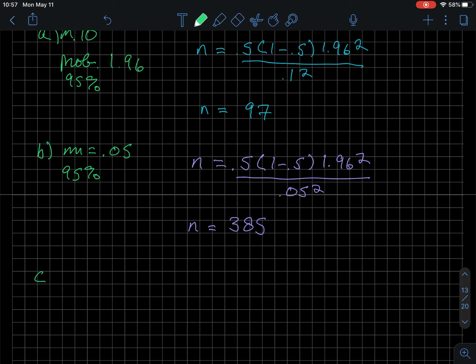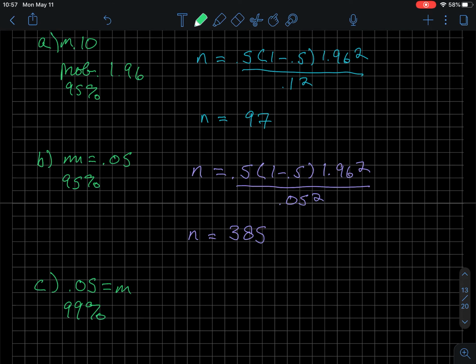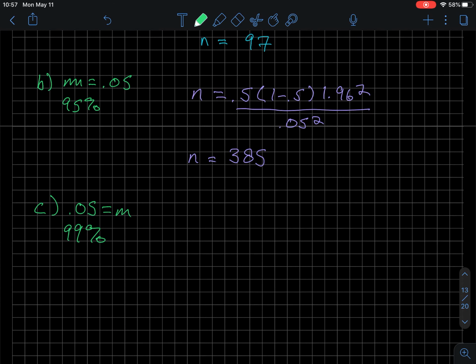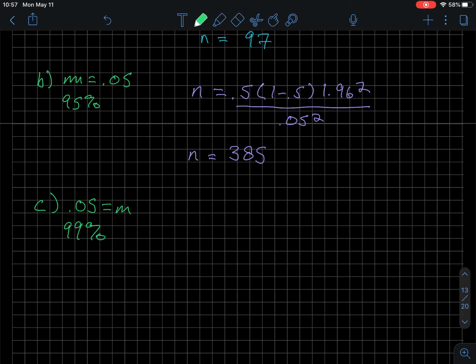So, part C. Part C asks us, we want 0.05 as the desired margin of error, but we want a 99% probability. Again, exact same formula that we've seen here, so I'm not going to write this out again, although we are going to make some changes in how we would solve this.